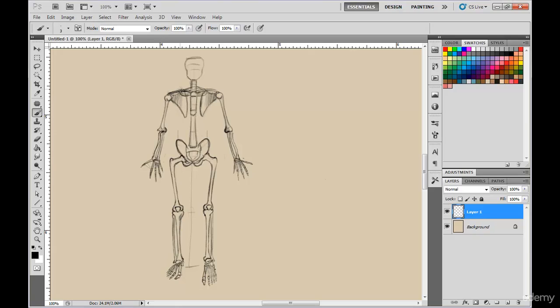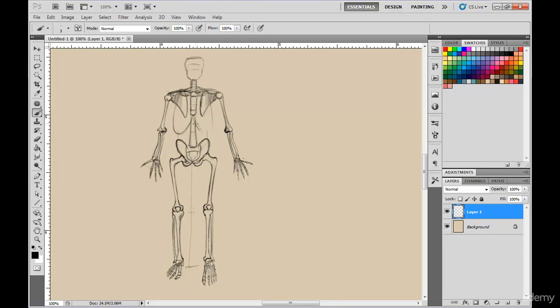So you want to come down like so, come down like so, and then from the sternum, all the ribs kind of come down. You kind of have a shape like this. So this is the basic shape of a rib cage.